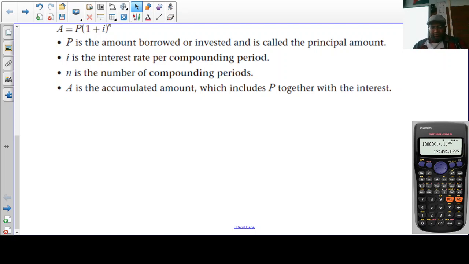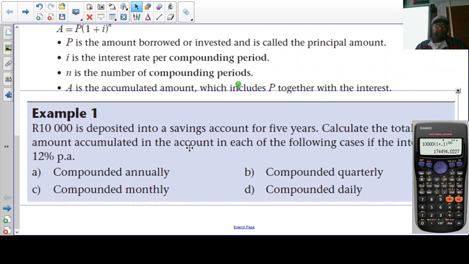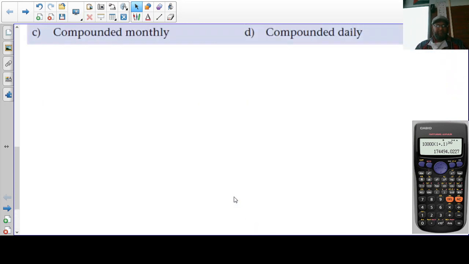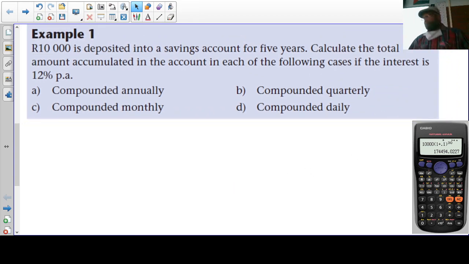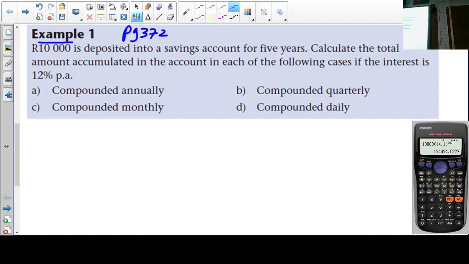Right, so let's look at example 1. Example 1 is on page 372. We are told 10,000 Rand is deposited into a savings account for 5 years.